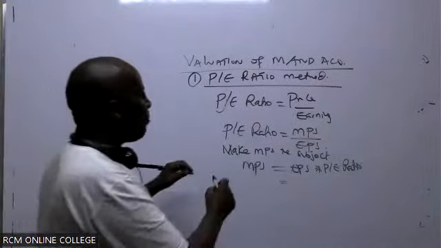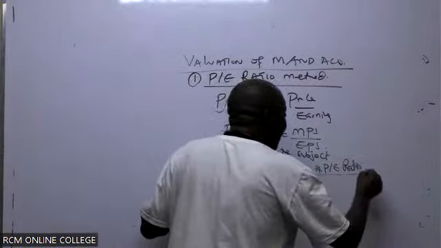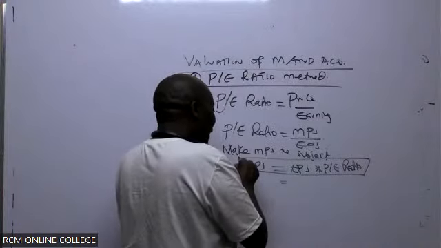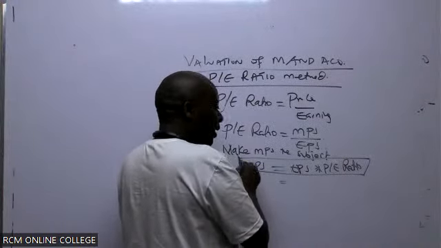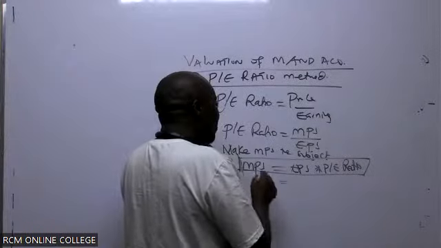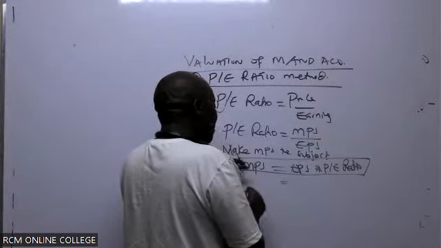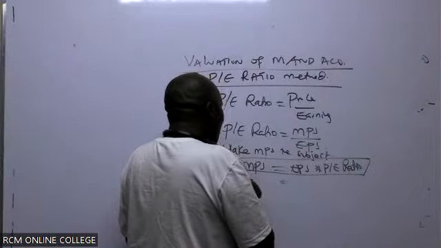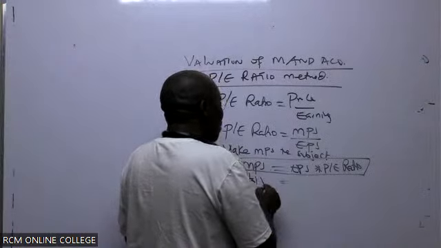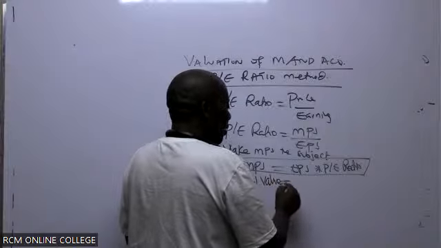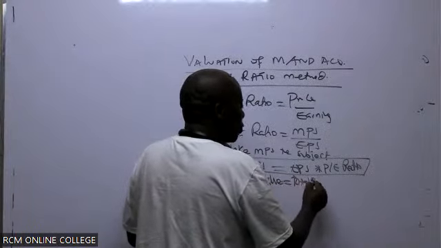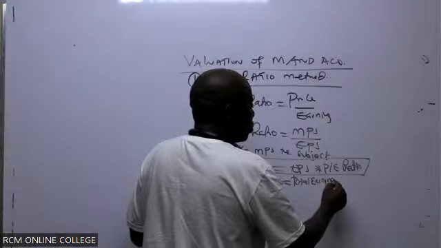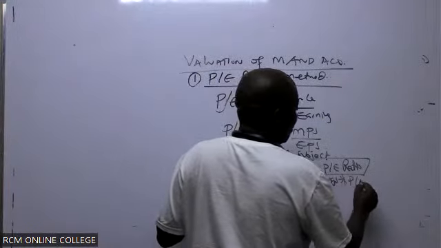So this is so important to us. Please highlight this in yellow. We don't want just MPS, which is the market value of just one share. We want the market value of the whole farm. So whenever you want the total value, you take total earnings times PE ratio.